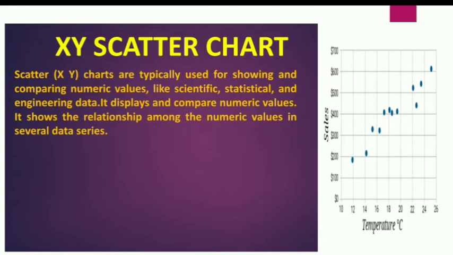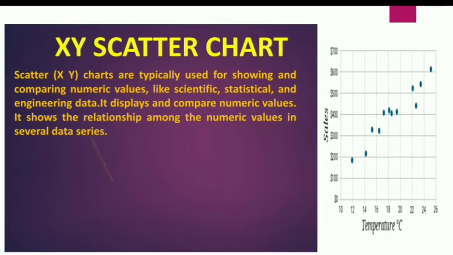So that's why it's called an XY scatter chart. It is typically used for showing and comparing numeric values like scientific, statistical, and engineering data. It displays and compares numeric values. It shows the relationship among the numeric values in several data series.